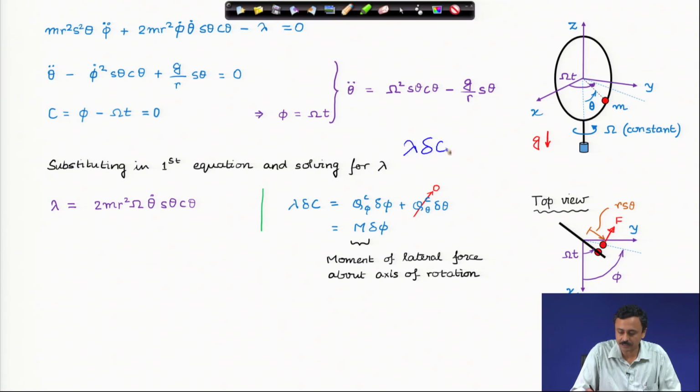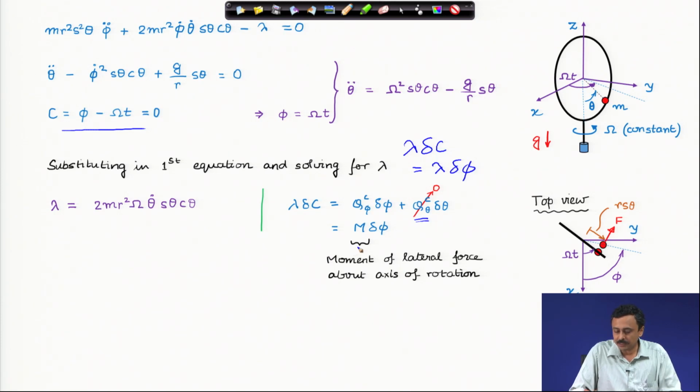Lambda delta c is nothing but, from here delta c, I can find out lambda delta phi. Remember that delta does not differentiate time, therefore delta c is only delta phi, and lambda delta phi. In other words, we do not have any delta theta contribution, that is to say that the generalized constraint force corresponding to the theta direction must be 0.